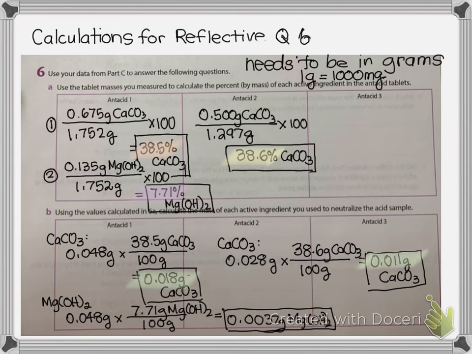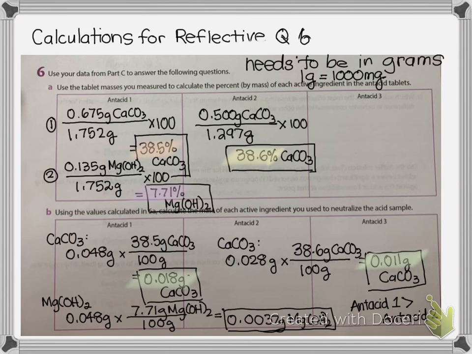When you get to question C, it says rank the antacids you tested by the mass of the active ingredients required to neutralize it. If I were to rank it, antacid 1 used more than antacid 2, because antacid 1 used 0.018 grams of calcium carbonate, and antacid 2 used 0.011 grams of calcium carbonate.